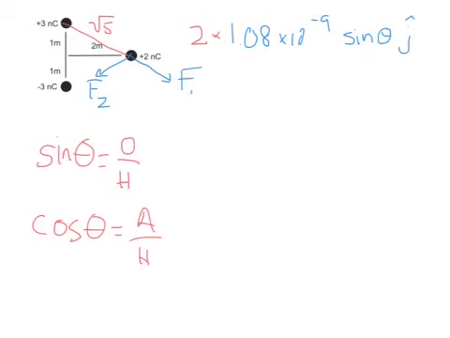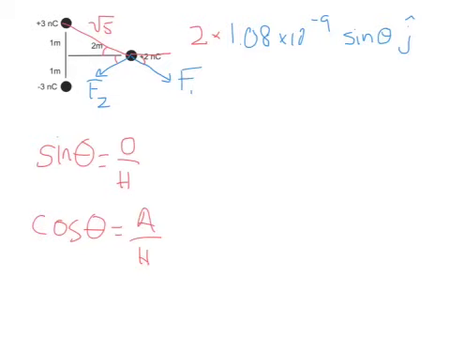Remember we said we're always going to define theta as being from the horizontal. So for my particular diagram here, I'm going to define theta as being this angle there. It could just as easily be this angle here, that's the same angle, or that angle, again the same angle. They're all the same angle.